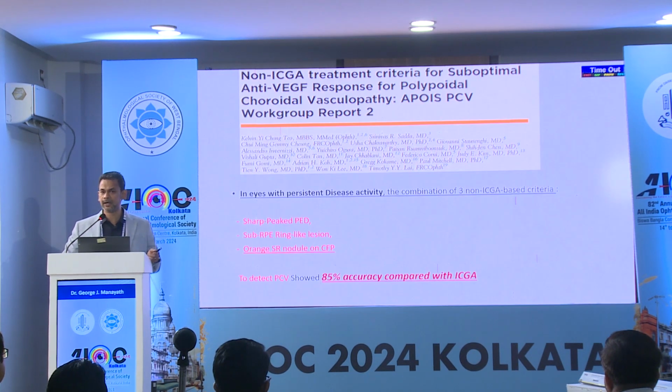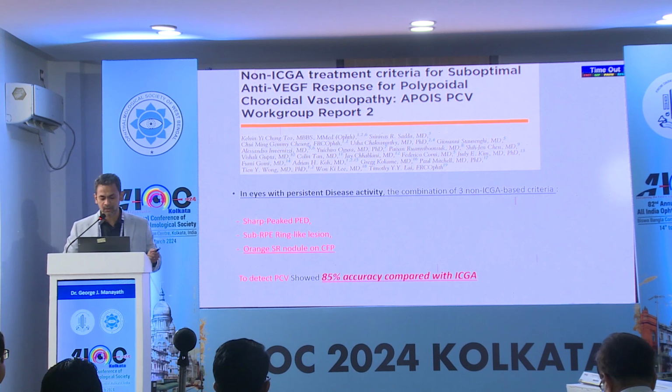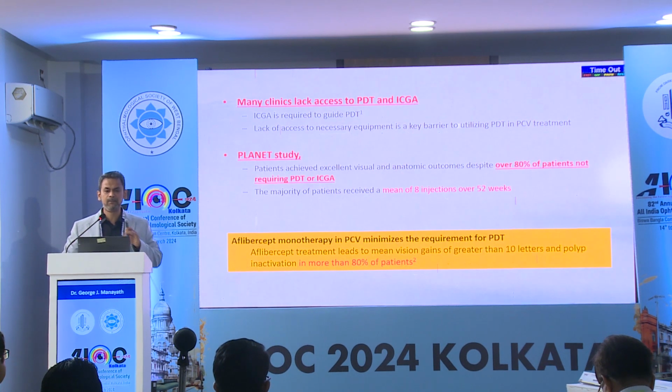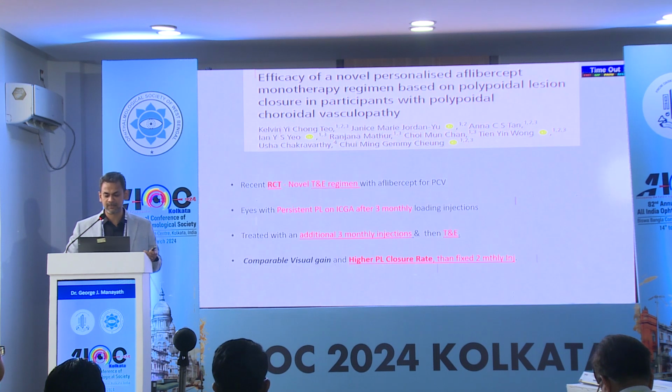And in a newer report, instead of the complex RPE elevation on en face OCT, it is replaced by an orange subretinal nodule on color fundus photograph. So many clinics lack ICG and PDT facility. So we can use the PLANET study criteria, wherein anti-VEGF monotherapy with aflibercept or brolucizumab can be given monthly, and after 3 months only the persistent polypoidal lesions need to undergo ICG and photodynamic therapy.